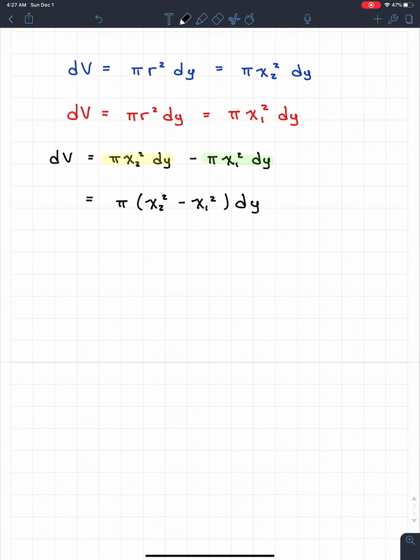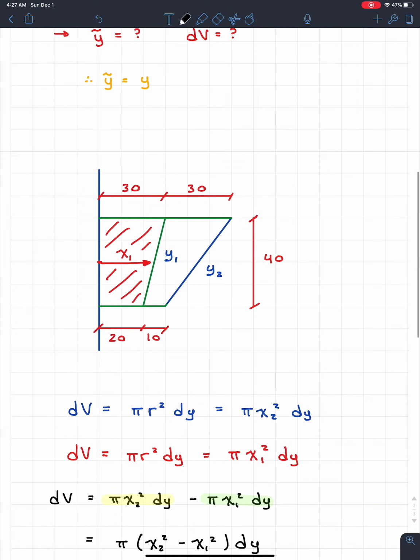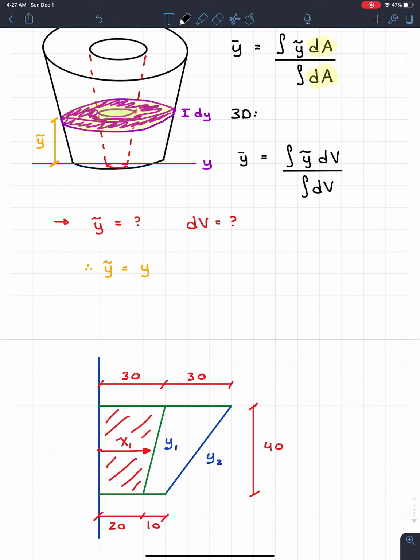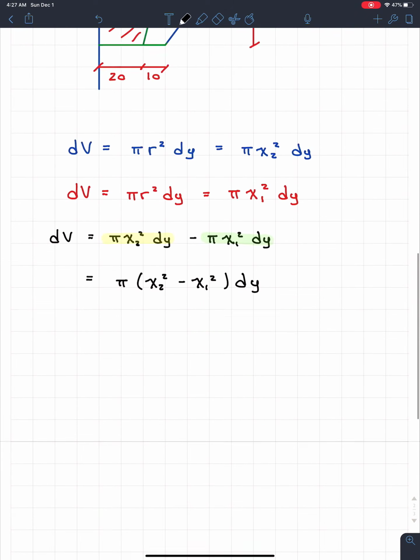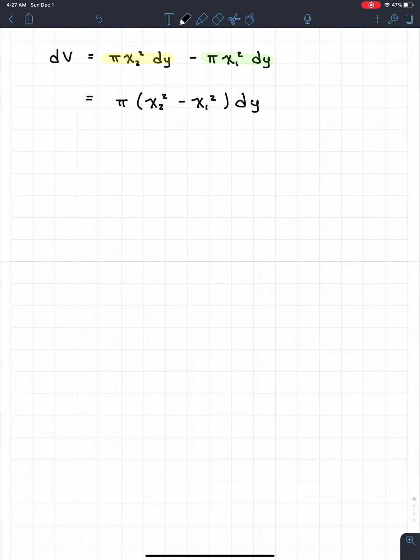Now we have an equation for dV, and if we look up here, we have y bar equal to the integral of y squiggle dV over the integral of dV. We can start subbing everything into this integral. y squiggle is just y, and dV is pi times x2 squared minus x1 squared times dy.